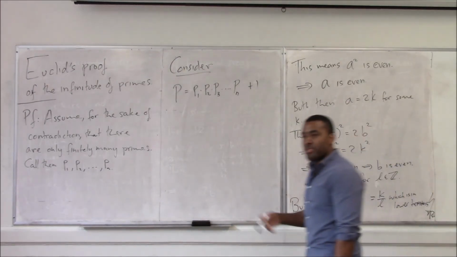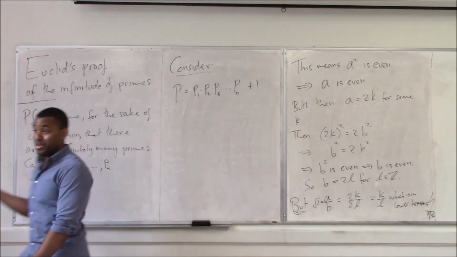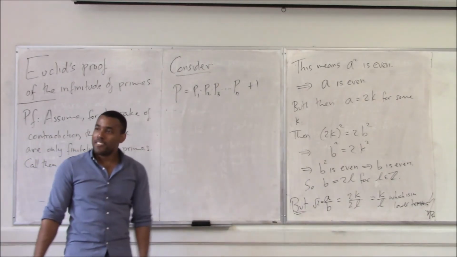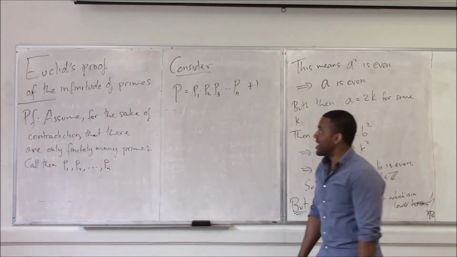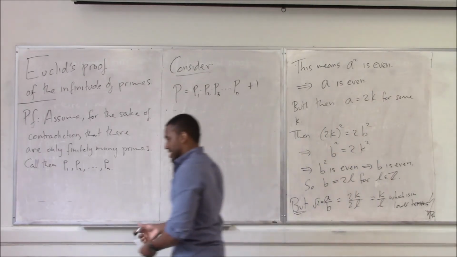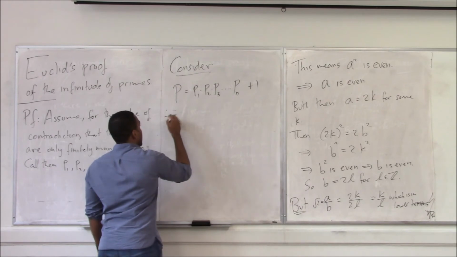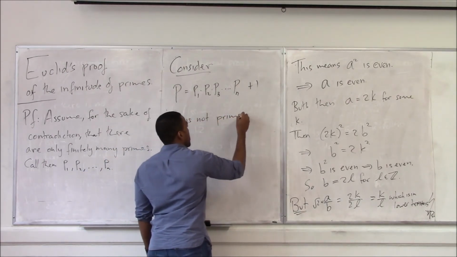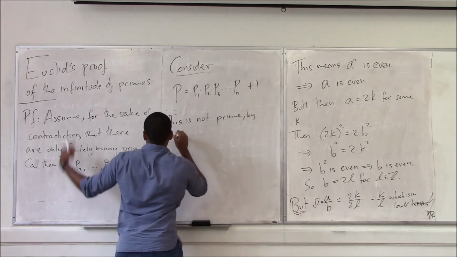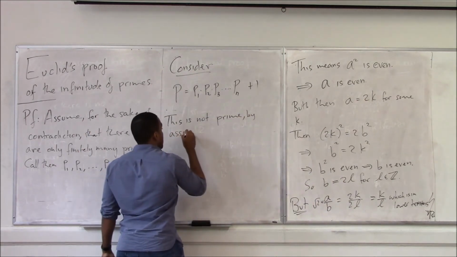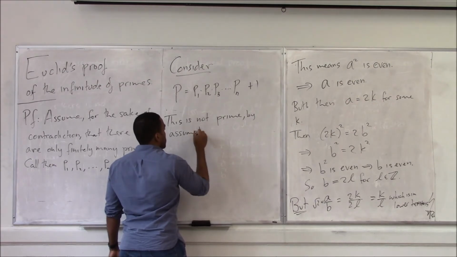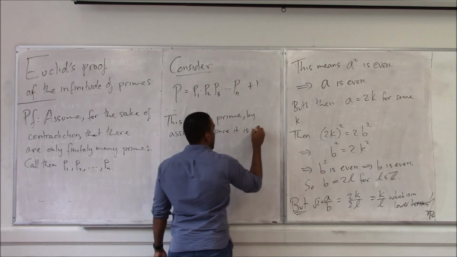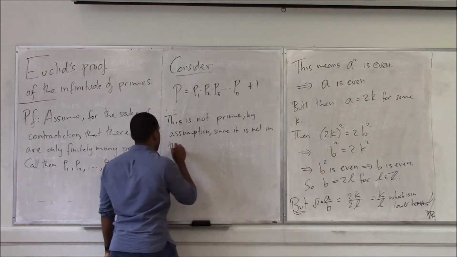Assume there are a finite number of primes. These are all of them, there are n of them. Boom. Consider this number. P is not prime by assumption, since it is not in the list.